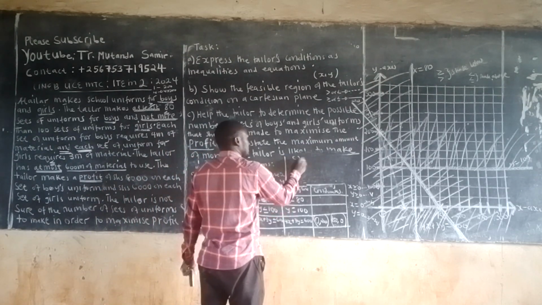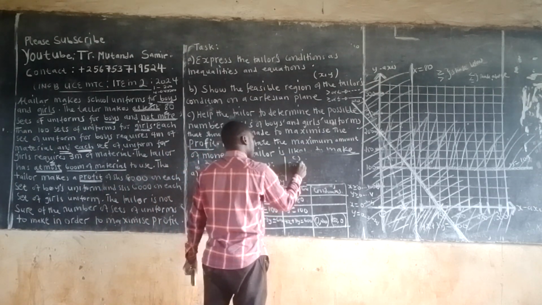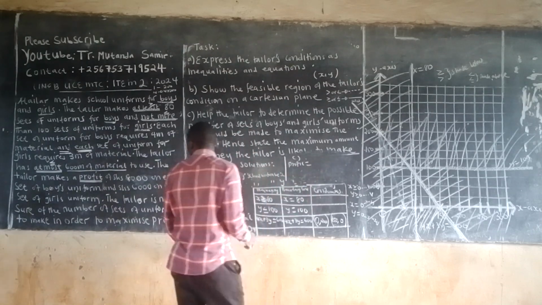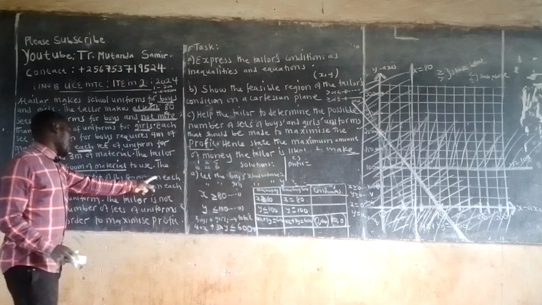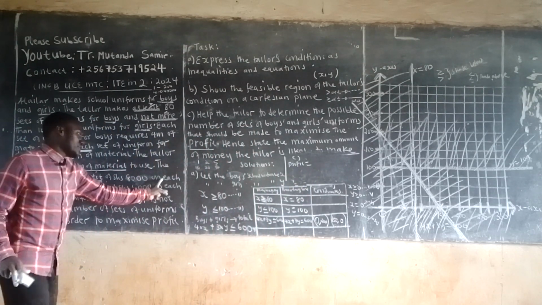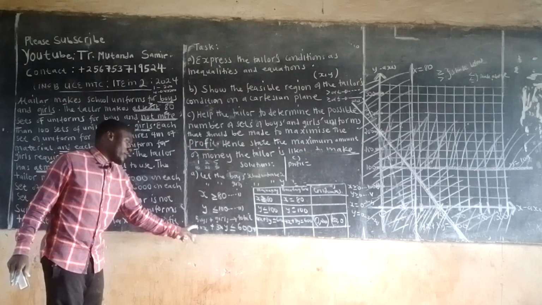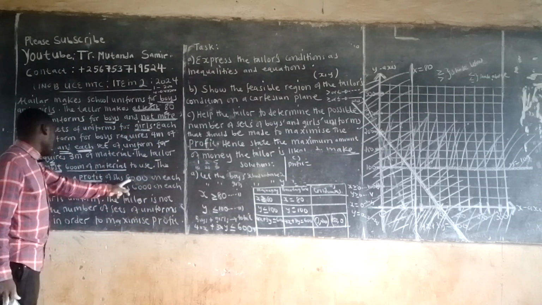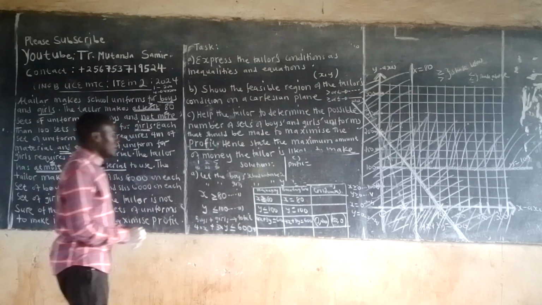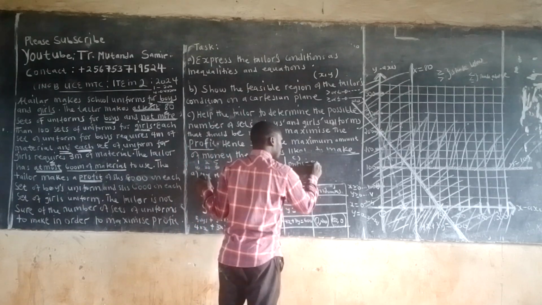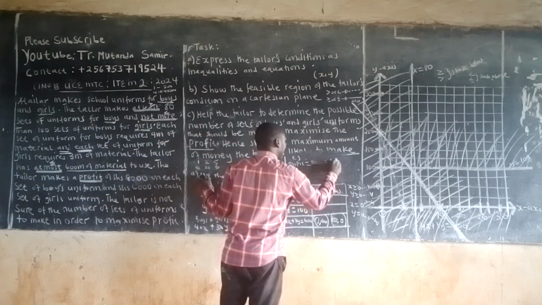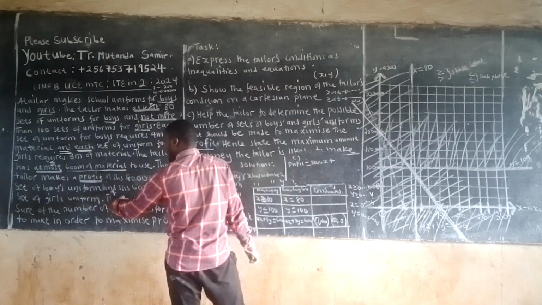I'm answering part C. So profit is equal to, now we come and pick this: 8,000 on each. Whenever you say on each, you have to multiply, like I told you. So 8,000 on each set of boys, that means 8,000x, and means the plus.